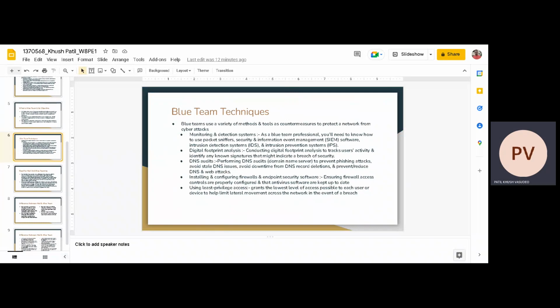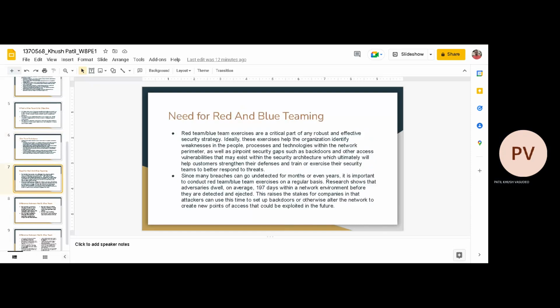Every user, system, or device is granted the lowest level of access and only given higher level access whenever needed, to ensure that the attacker's movement is limited in the network in case of a breach.